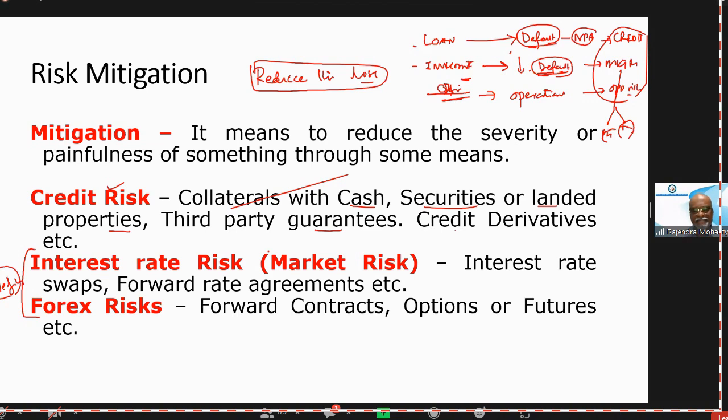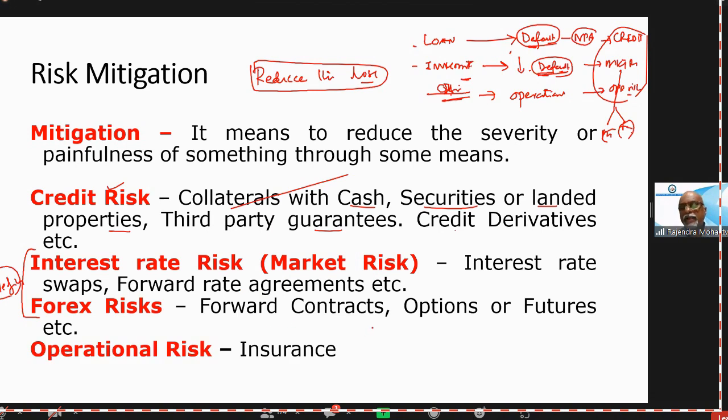Nothing, sir. Other processes cannot protect the loss. Other processes may help you reduce or may alert you, but they are not reducing the loss like a collateral or like an interest rate swap. So the only mitigation process for operational risk available is insurance.